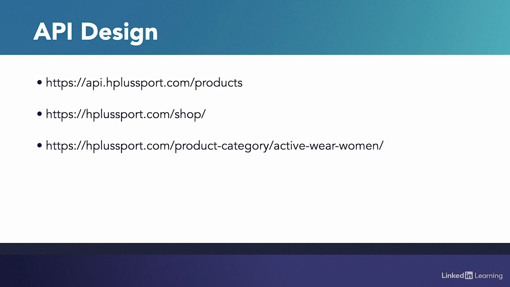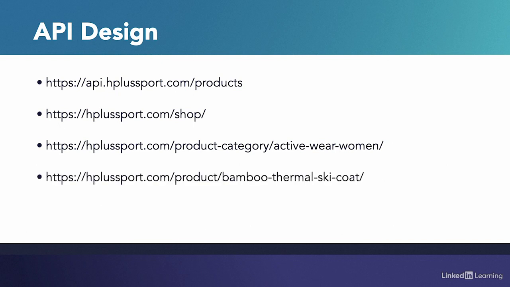And you probably already guessed it. What happens if I would like to take a look at one specific variant for one specific product? Gotcha. /products/123/variants/ and then the ID of the variant. And that's the approach we will be taking.